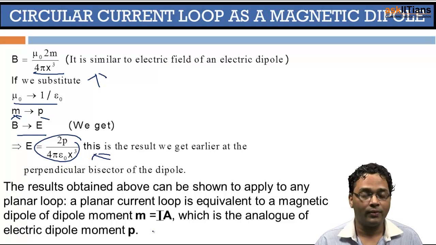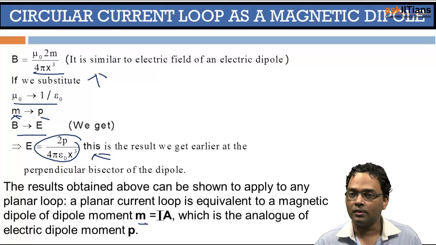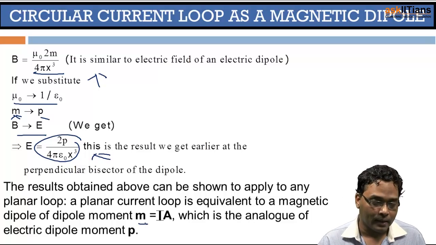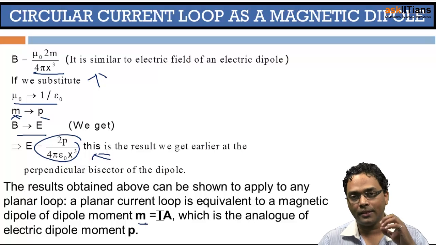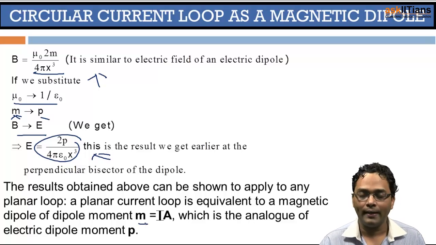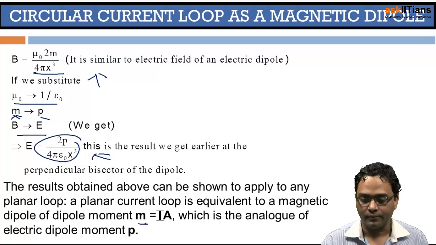Magnetic moment is defined as NIA, and that also depends upon the pole strength, whereas this is the dipole moment, also known as the pole strength. So I into A, where I is the current that is flowing and A is the area. This is an analog of the electric dipole moment. In the case of an electric dipole moment, you had the pole strength and the distance between them. Here it is the amount of current and the area of the loop, not the length, it is the loop that we have here.